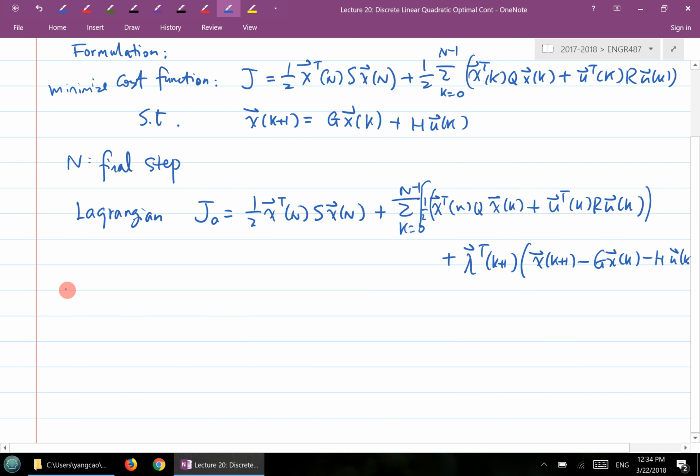All we do is calculate the gradient of this function JA and let it equal 0. That basically means we calculate three partial derivatives. The first is the partial derivative of JA over the control input U, and we let this equal 0.